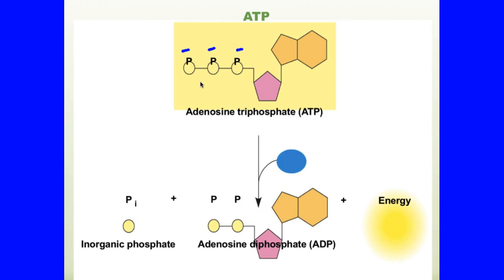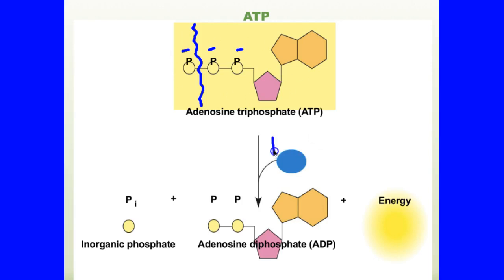Imagine it's you and your two siblings sitting in a very small seat on a school bus. You're ready to just get away from them as quickly as possible, or most siblings are. So you're ready to jump off that seat and get into your own seat so you can be more comfortable. That's kind of what ATP is reacting like.